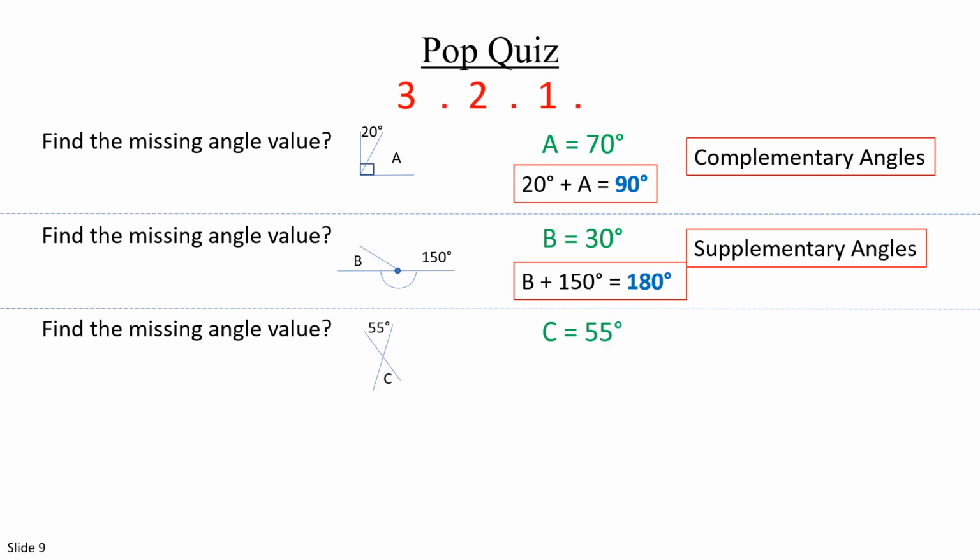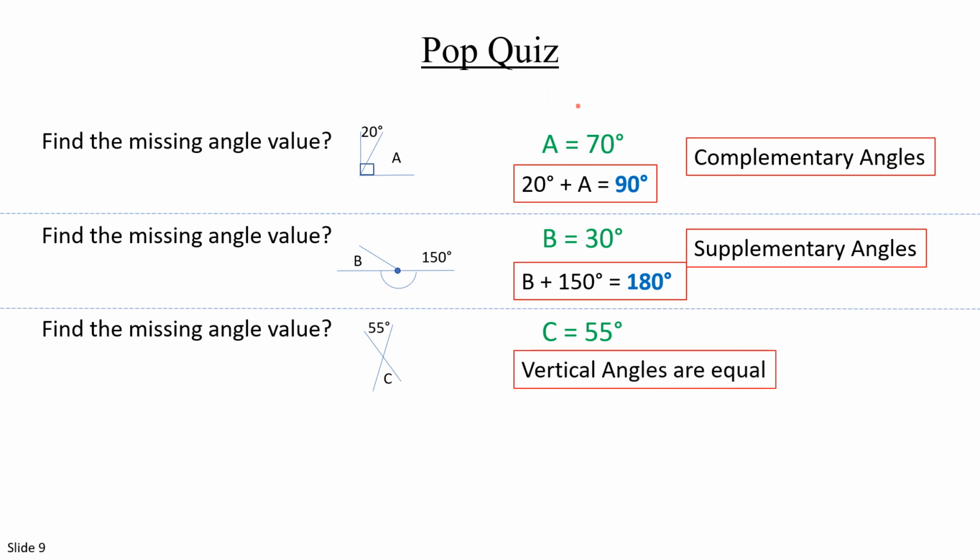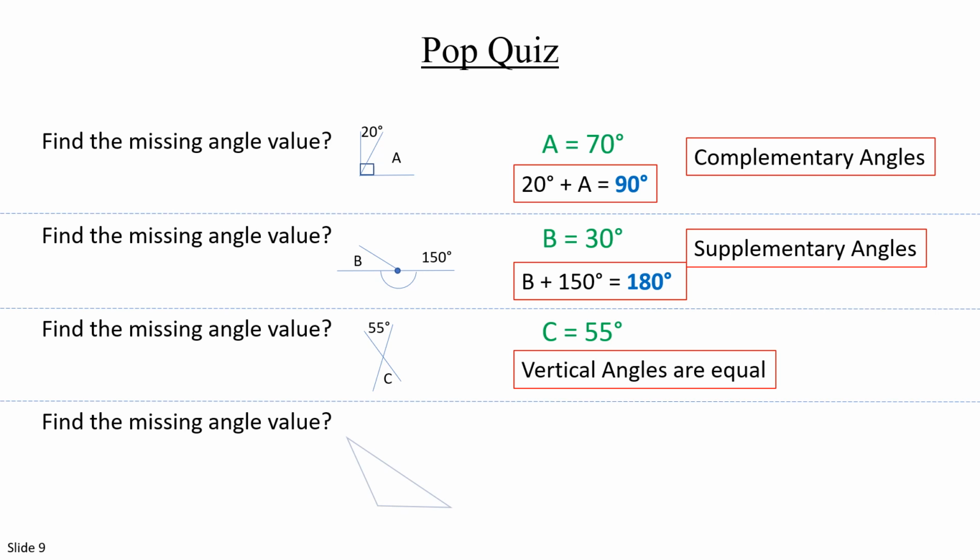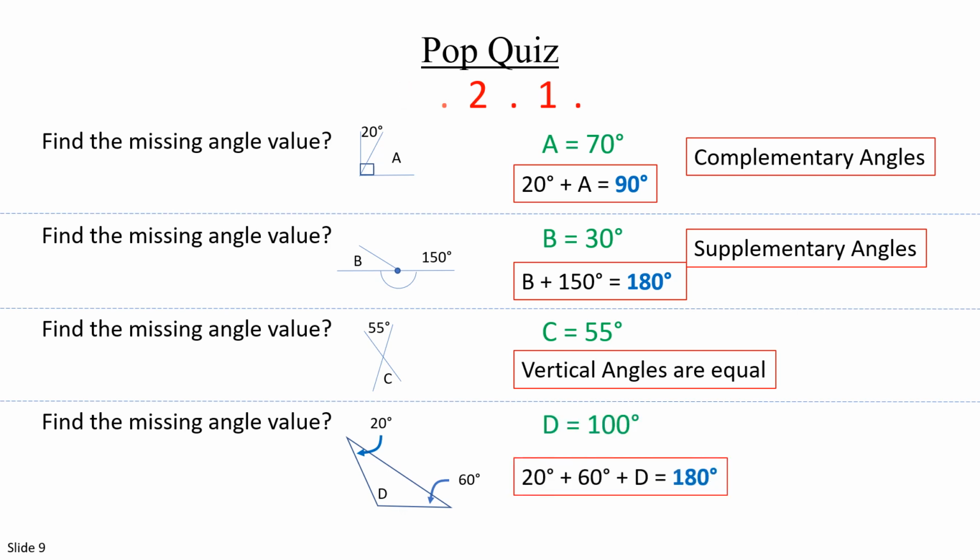So what is C? 55, they're vertical angles, they're equal. Very good. So what is angle D? It's 100, because all three of them have to add up to 180. 20 and 60 is 80, add 100, I get 180.